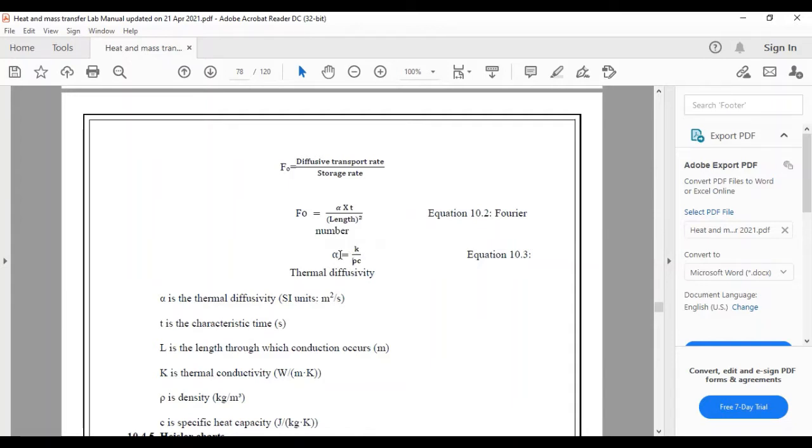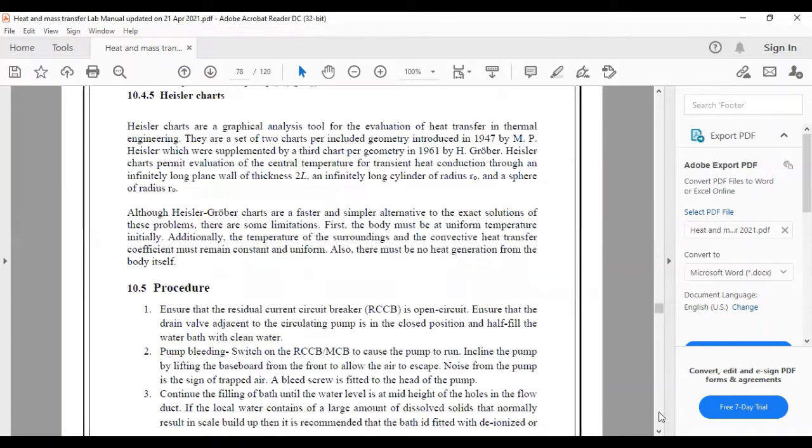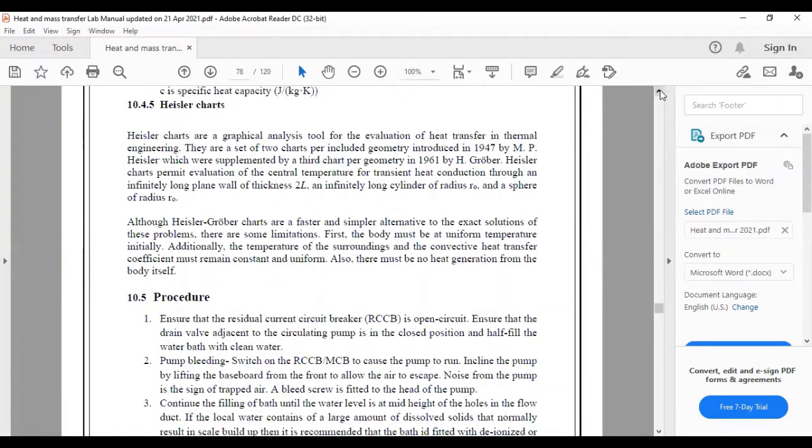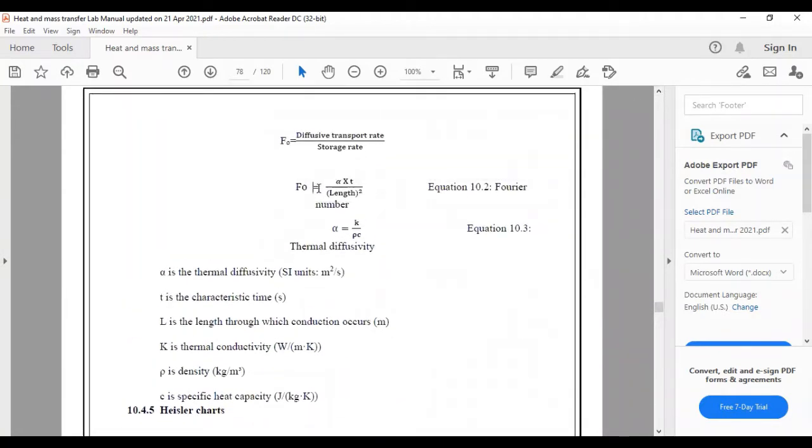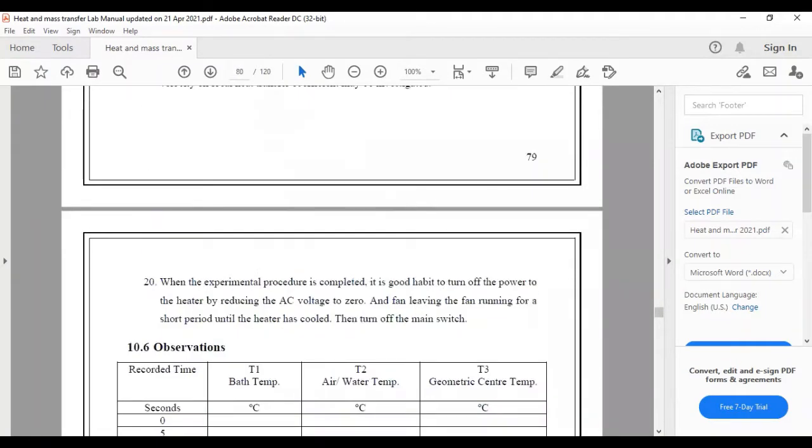So we will determine alpha, the thermal diffusivity, and divide it by length squared. Time is the time at which we are taking the readings. So we will get this Fourier number. Some Heisler charts use this Fourier number and Biot number to study some parameters. I will explain this later on.